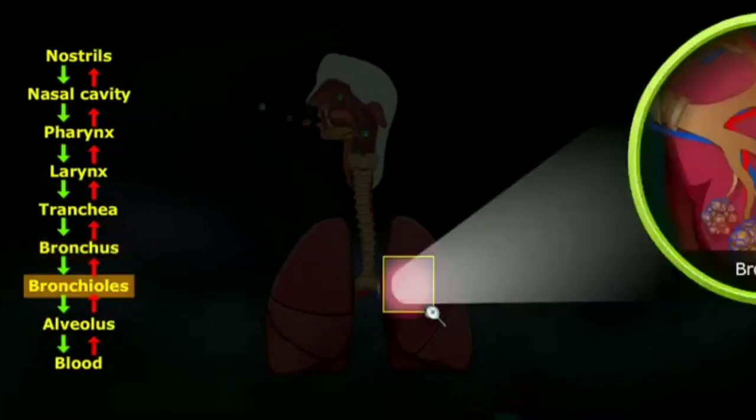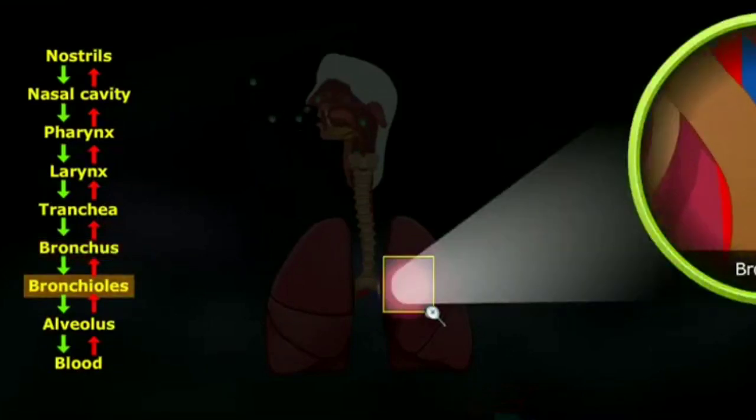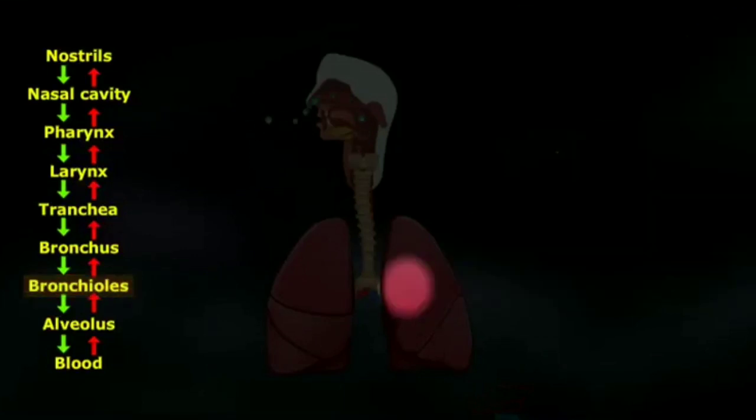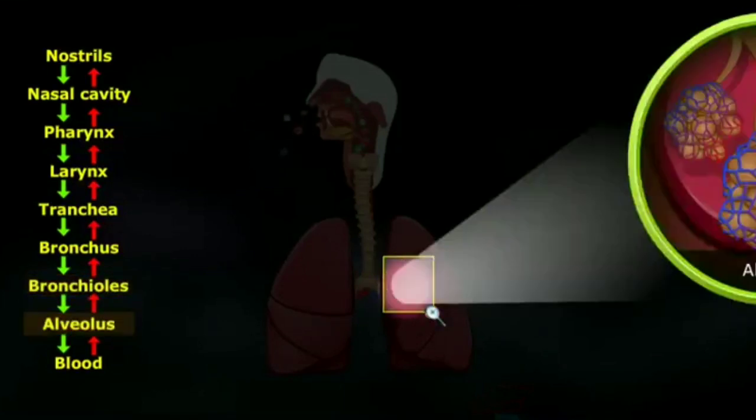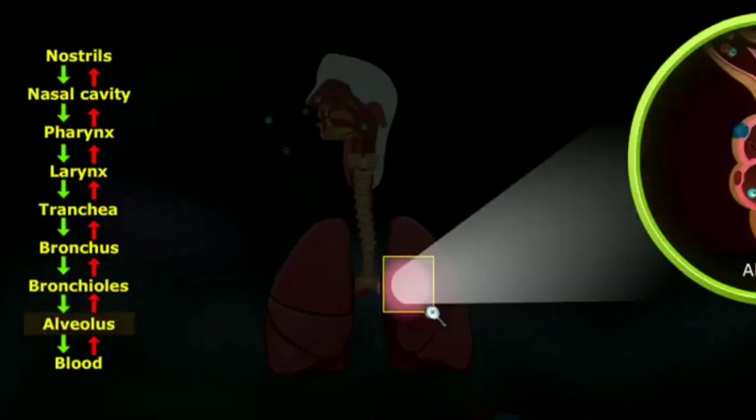Bronchioles. The bronchi are further divided into smaller branches called bronchioles. In bronchi, the exchange of gases does not take place. Alveolus. Bronchioles finally terminate in clusters of air sacs called alveolus.